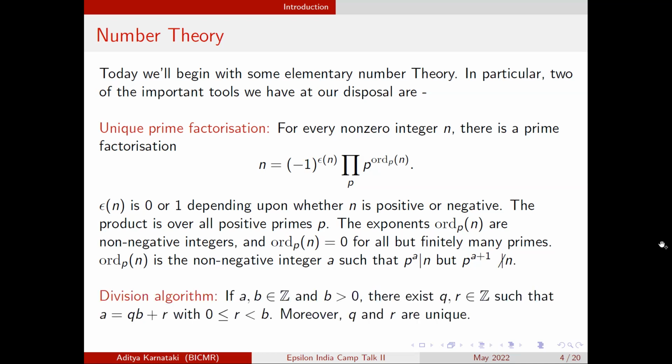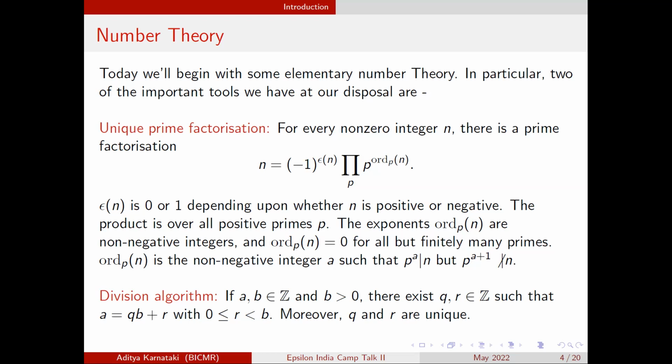And the other tool that we have at our disposal is the division algorithm, where if you have two integers, a and b, and say b is greater than 0, then there exists a quotient q and a remainder r, also integers, such that you can write a is equal to qb plus r, with the remainder strictly less than b, and it could be 0.